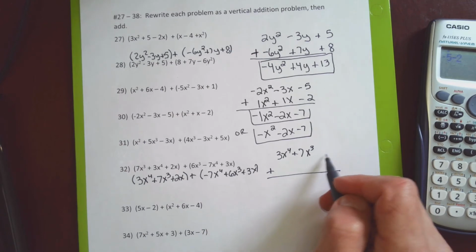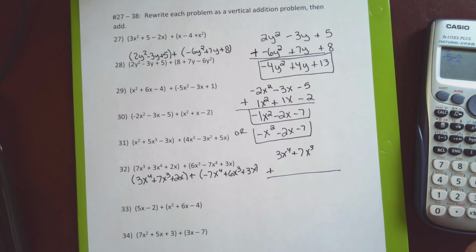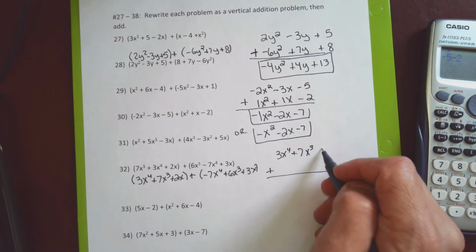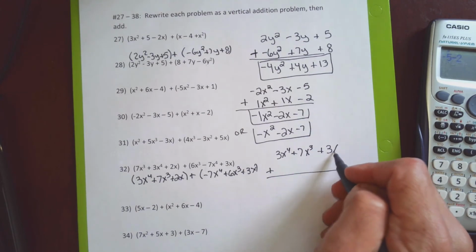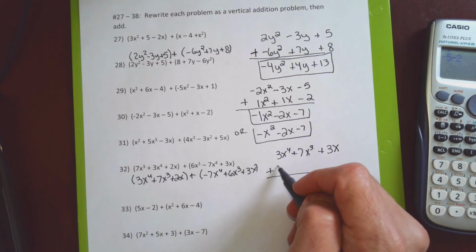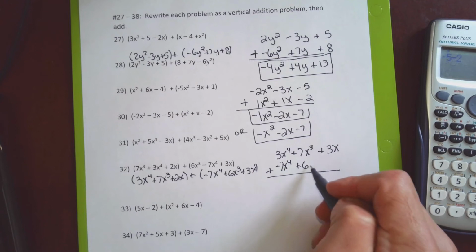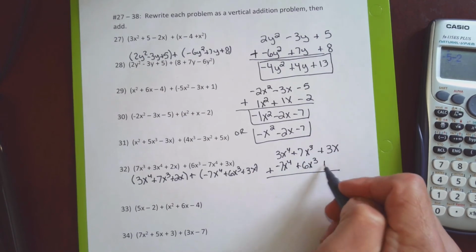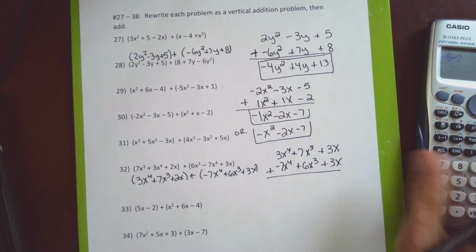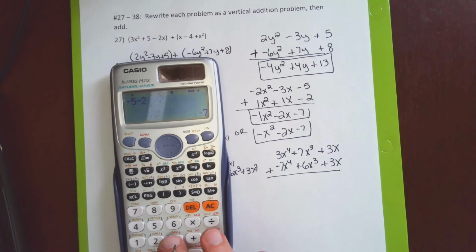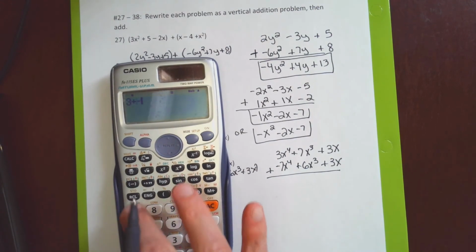Maybe I'd leave a gap in a more complex problem where the right parentheses has an x squared term and the left parentheses doesn't, but no gap really necessary here. Right parentheses minus 7x to the fourth plus 6x cubed plus 3x. Then I need to do 3 plus negative 7.